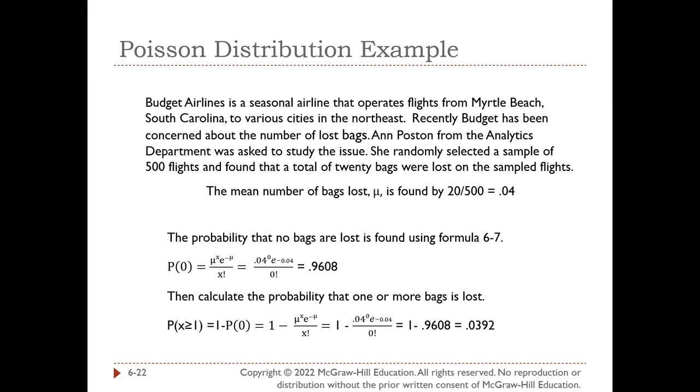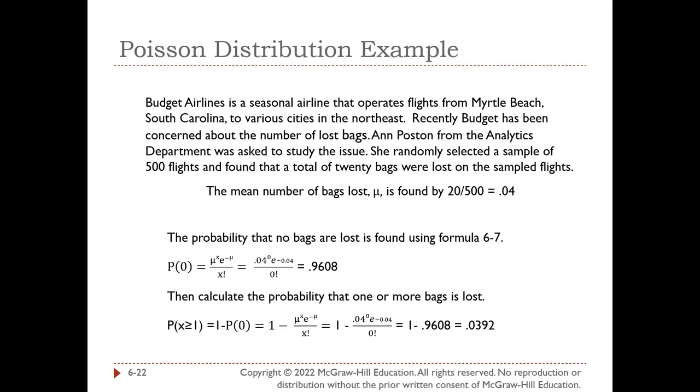She randomly selects a sample of 500 flights and finds that a total of 20 bags were lost on the sample flights. The mean number of bags lost, mu, is found by taking 20 divided by 500, which equals 0.04.